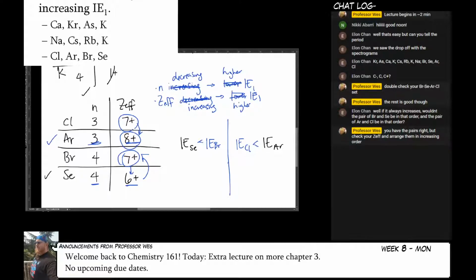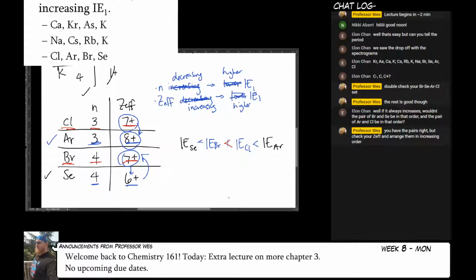And then finally, we have to compare bromine and chlorine. And you can see, oh, well, they have the same Z effective, but bromine has a higher N, so bromine must be lower than chlorine. And then once you know that, you have the entire order.